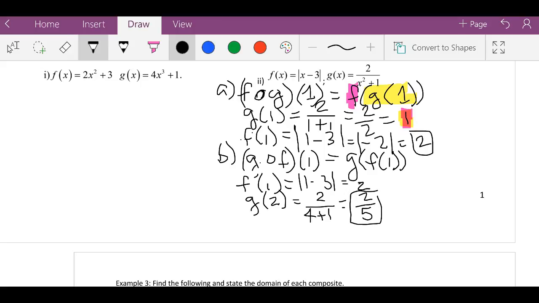Since I write super big, I'm kind of running out of space. So maybe I'll just put C and D over here. Let's move up a little bit here.